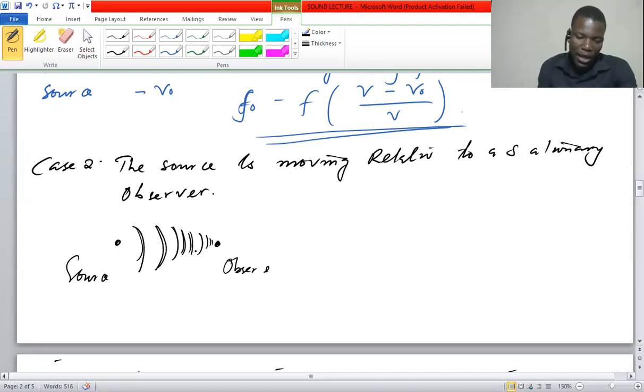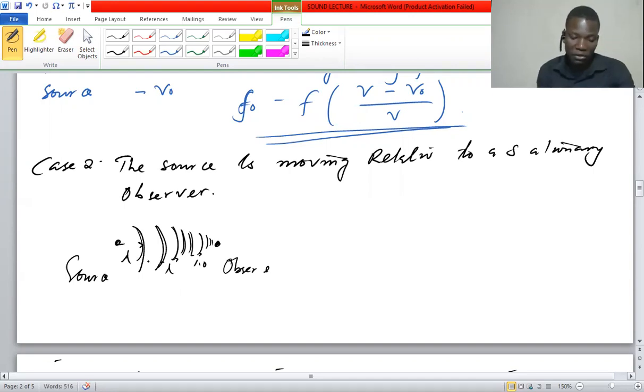Okay, so now let me put the wave front of the observer, and then we also have the wave front of the source.